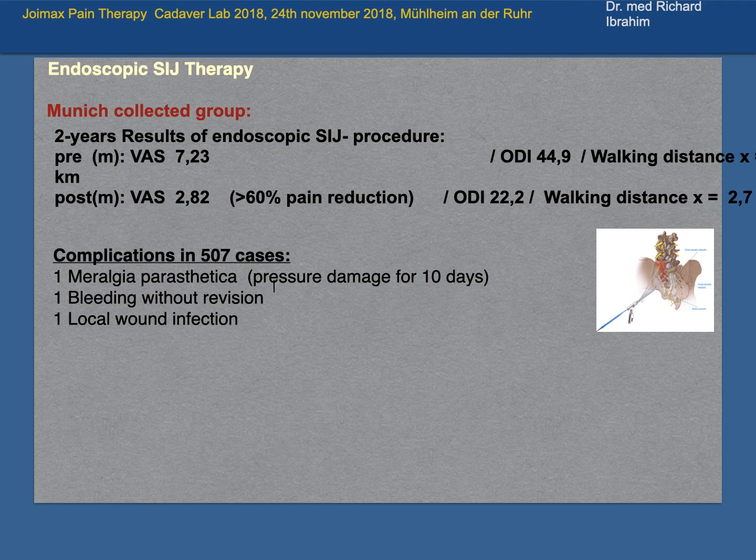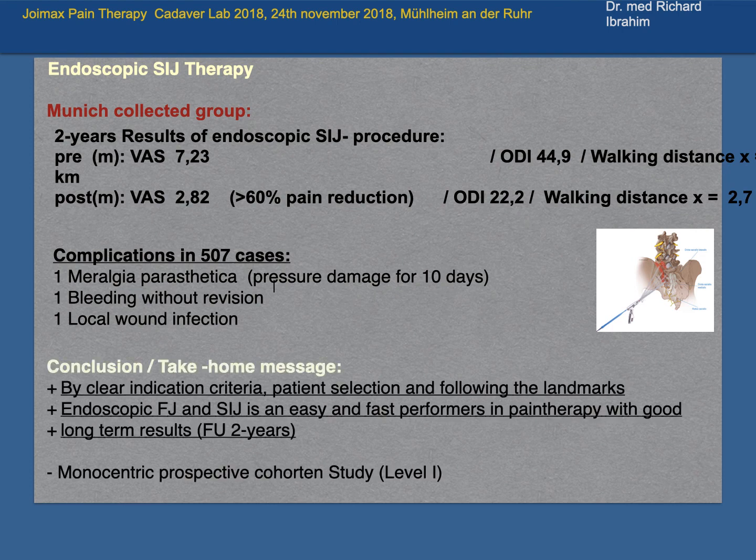So in this endoscopic procedure, we also need to talk about complications. When we started at the beginning, we needed more than 2 hours for this treatment, and now we need about 30 minutes. We have now changed the blood pressure management. That is why we had bleedings at the beginning, and of course, from pressure on the superficial peripheral nerve, we had a meralgia paresthetica.